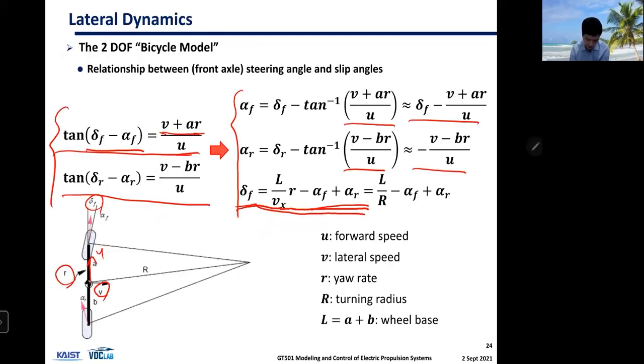This is often called the Ackermann angle. And if you consider slip, then this completes the relationship between front wheel steering angle with slip angles and Ackermann angle. Okay.